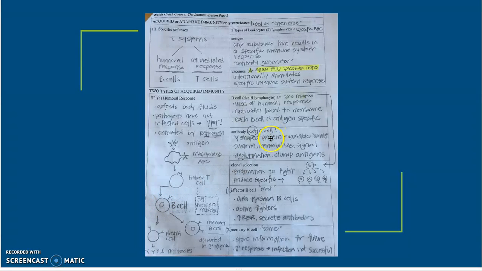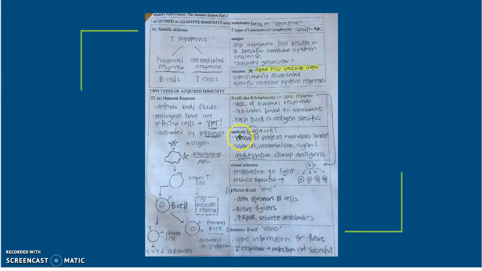What that means is, you can think of it as being imprinted with a specific pathogen. Like I said, on the outside of these, there are all these Y-shaped proteins. Those Y-shaped proteins are actually antibodies. Antibodies can exist in two different ways. And every antibody in your body is specific for a specific pathogen.